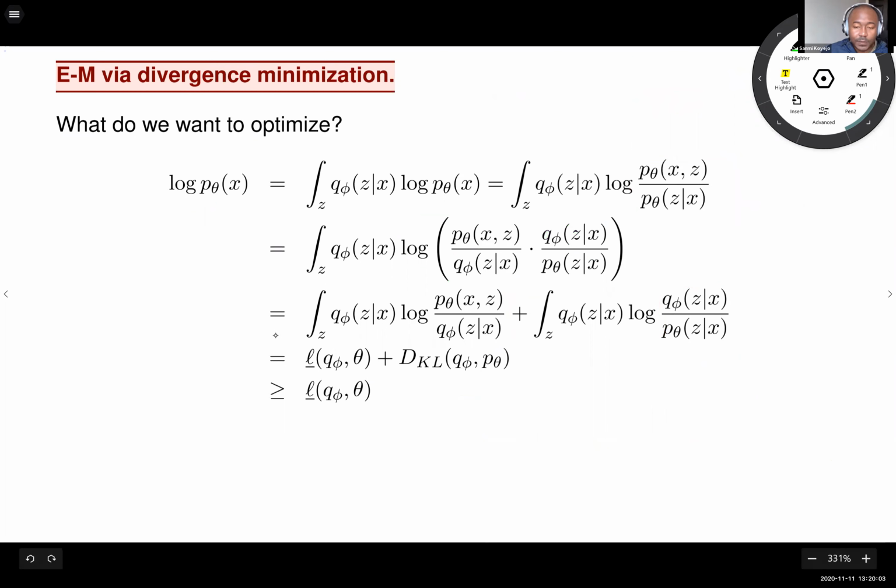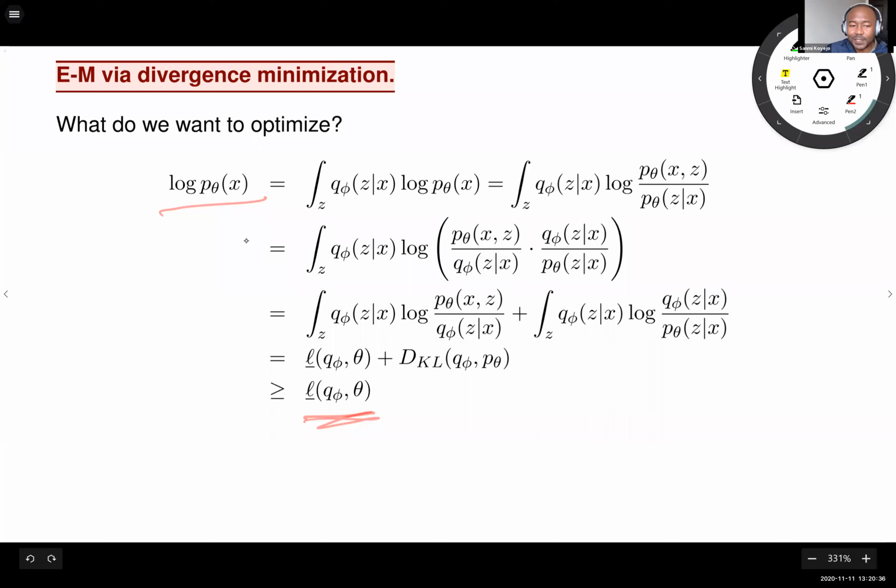Okay, just based on the fact that it's non-negative, it immediately shows the lower bound. This is one way to derive that the log likelihood is lower bounded by this L term that we derived a few lectures ago. So to summarize, we're deriving the lower bound once again, but now from first principles. Questions so far? Hopefully I've outlined all the steps so you can do it yourself later.